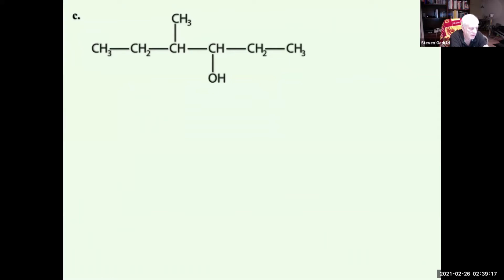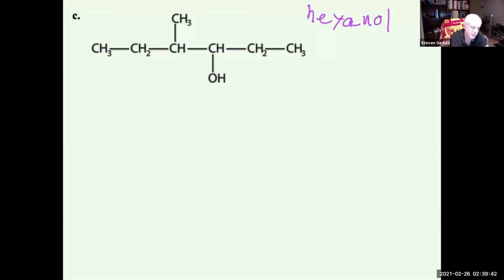All right. What's this thing called? Who wants to take a crack at this one? How many carbons do we have? 6 carbons, so we have hex. It's all single bonds, so hexane. And it's an OH group, so it's hexanol. The OH group is at number 4 or number 3.